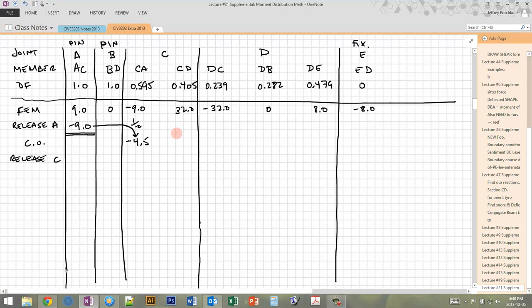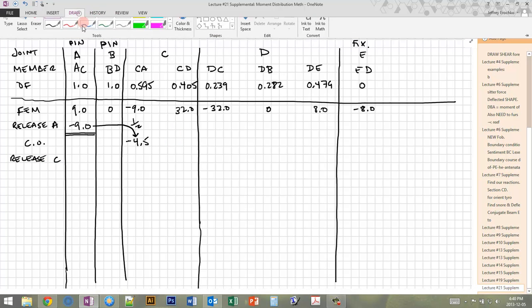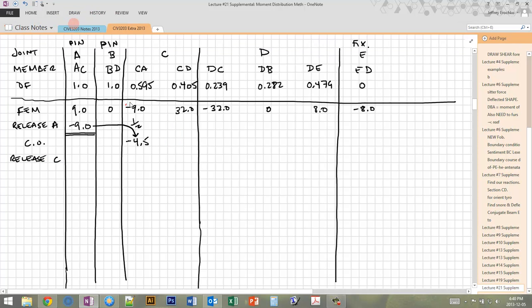Okay, so now for C, we have 3 different moments. We have our fixed end moments here. Okay, then we also have this carryover moment. Okay, so that carryover causes another unbalanced force on joint C. So the total unbalanced force is -9 plus 32 minus 4.5, which is the carryover from A. Okay, and this total sum is equal to positive 18.5.